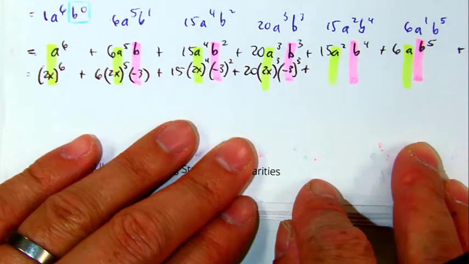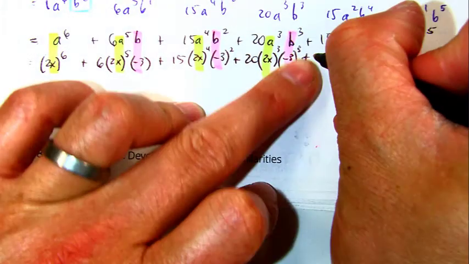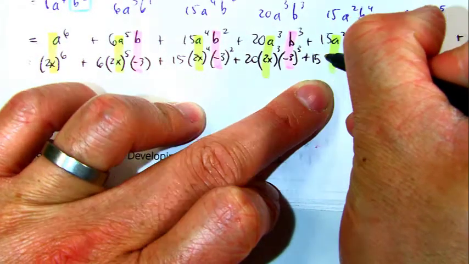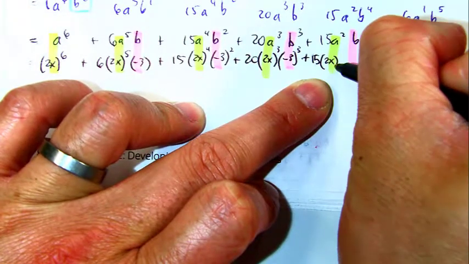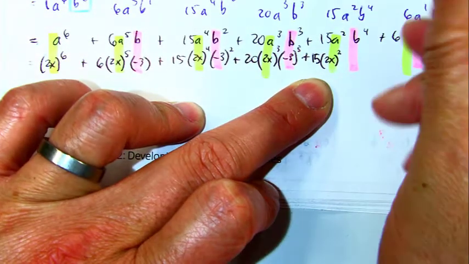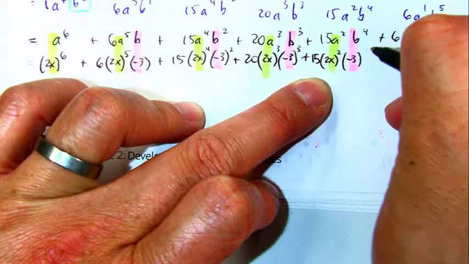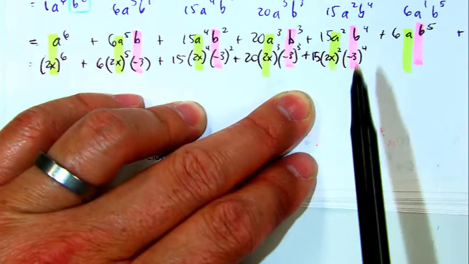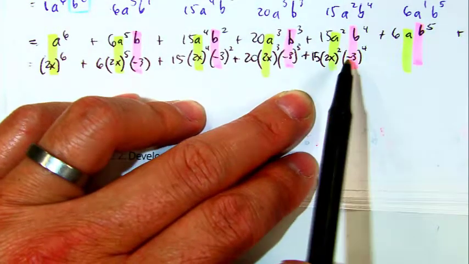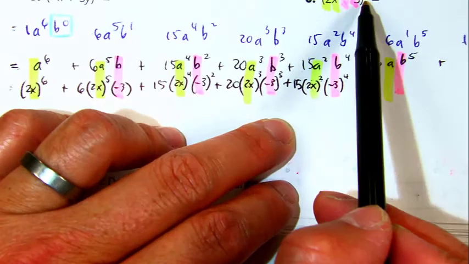Plus 15, a is 2x, I'm putting that in parentheses to the power of 2, b is negative 3 to the 4th power. Now, previously today I was making mistakes, and you can double check that your exponents always add to the original, just in case you might miss a number.